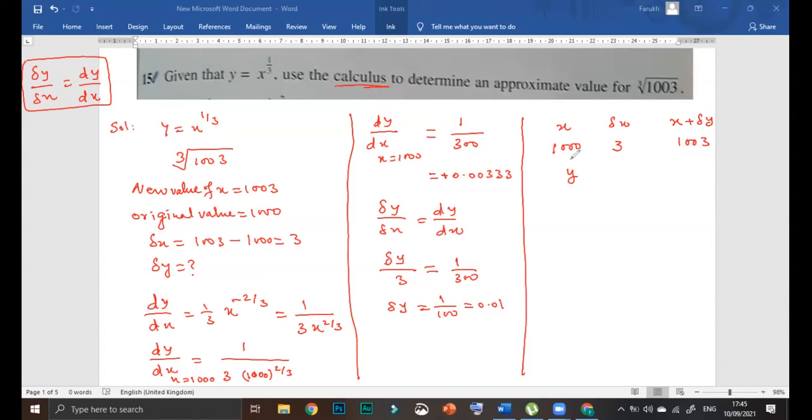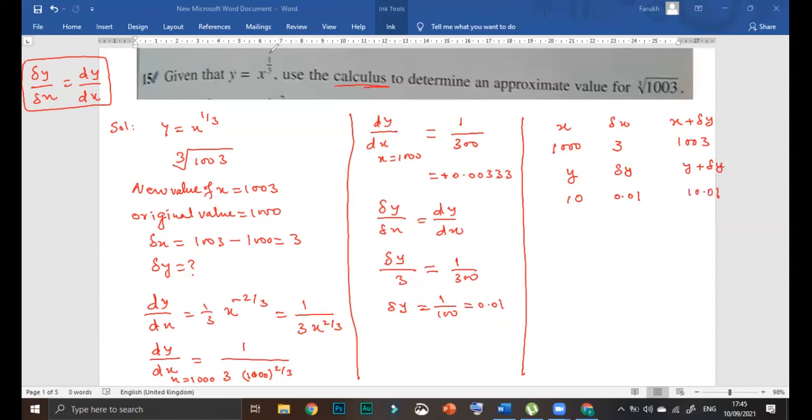Put x is equal to 1000 into the equation and get the old value of y. Sir, 10. What is the change in y? Sir, the change in y is 0.01. So what is the new value of y? Sir, 10.01.